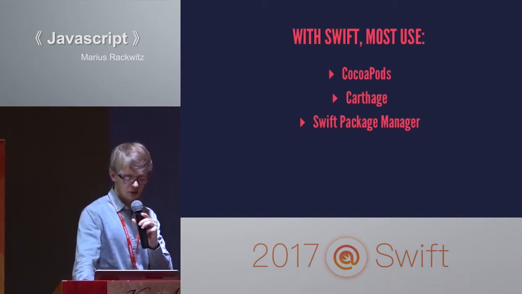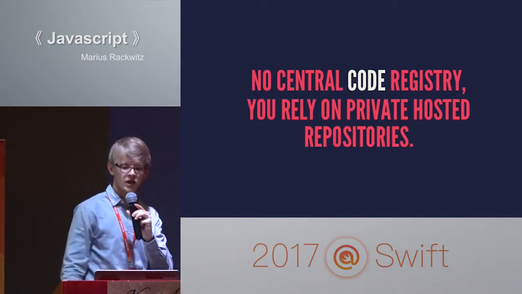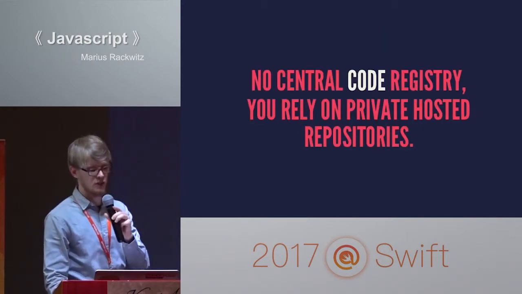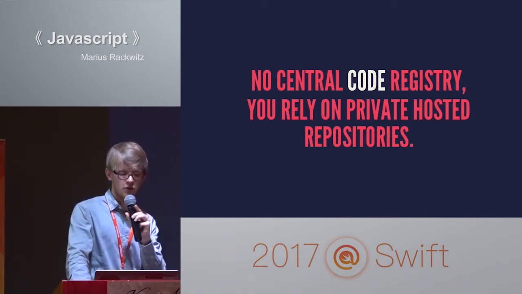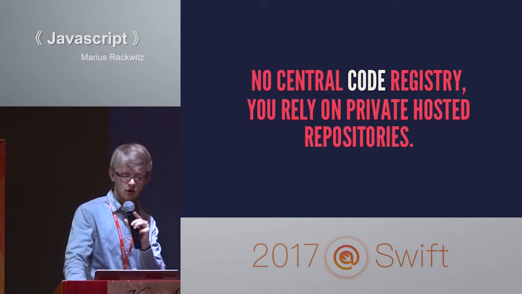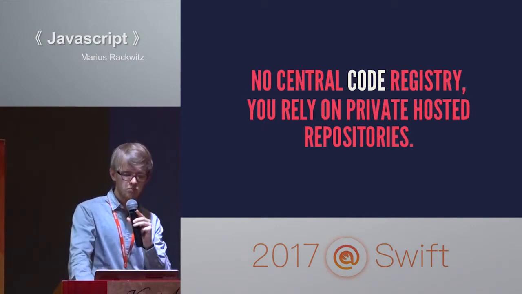All of these have in common, which is important in comparison, that they have no central code registry. You rely on privately hosted repositories, most of them on GitHub, some on Bitbucket or other platforms. Not sure about local differences here.